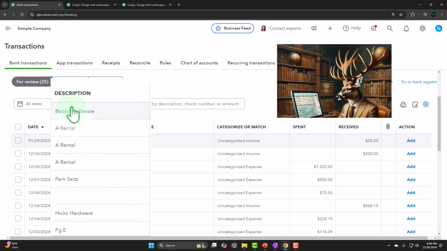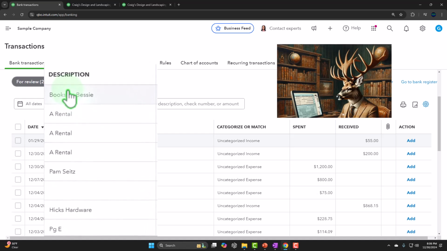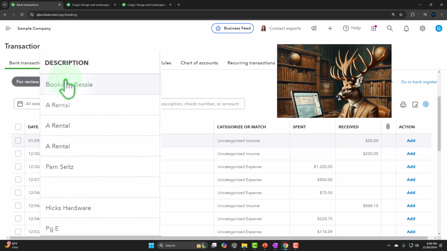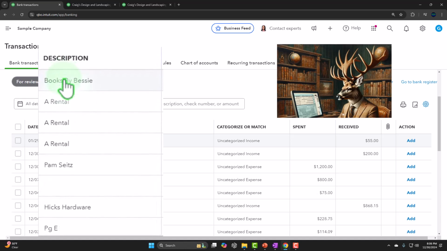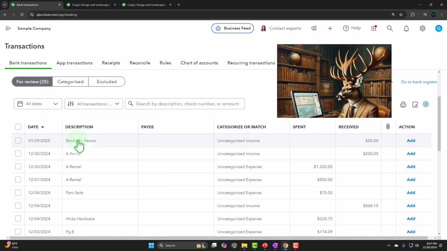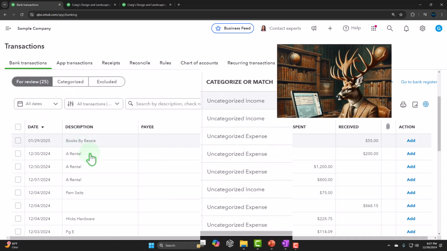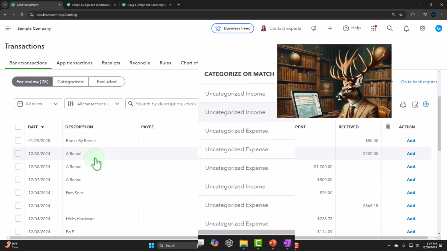If it was a telephone company, it would be the rental company, whoever that is, if you're paying the rental bill, and so on and so forth. And that information can then typically be used to know which expense account you should point it to: telephone, rent expense, utilities, and so on and so forth.